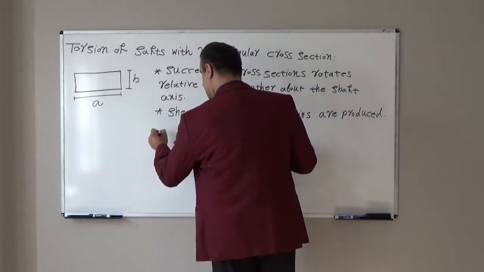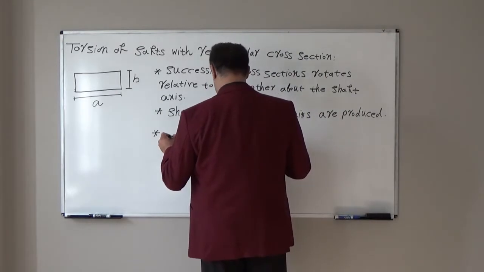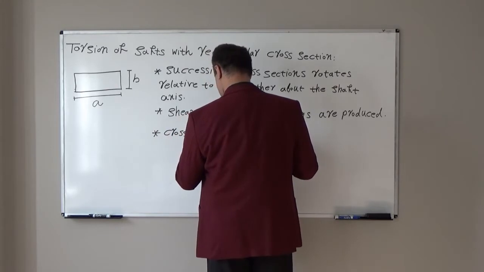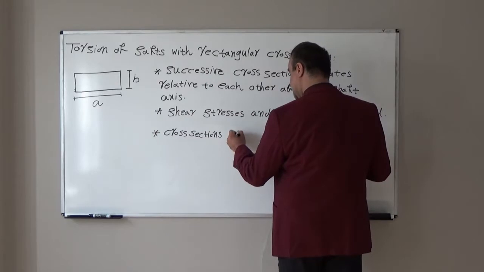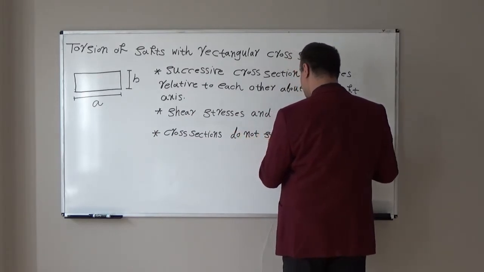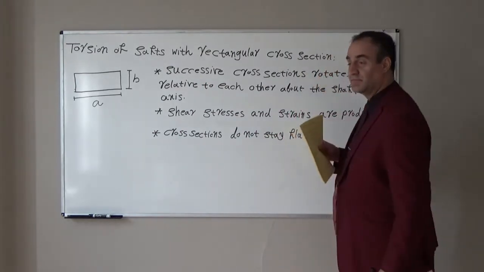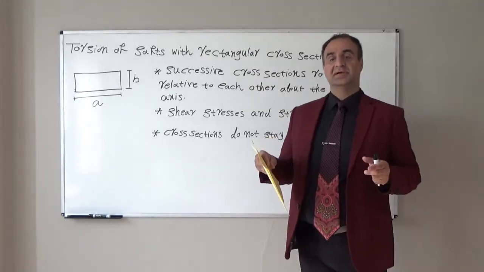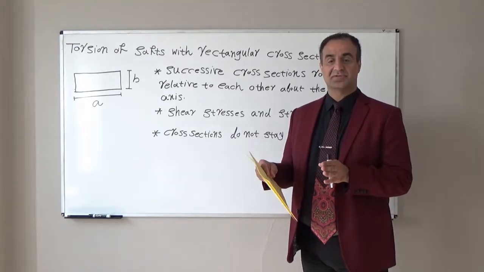But this is a big difference, the third one. Cross sections do not stay flat. If you remember, for the shaft with circular cross section, after we apply torque, those cross sections were perpendicular to the shaft.